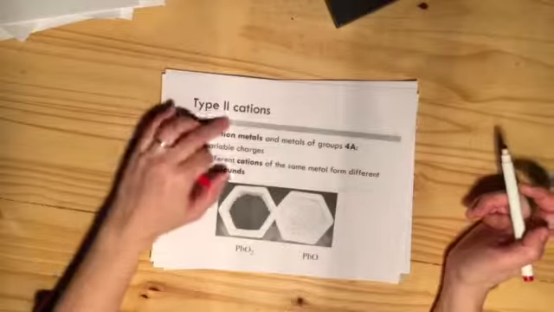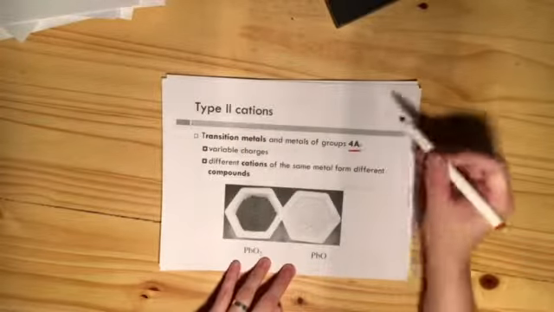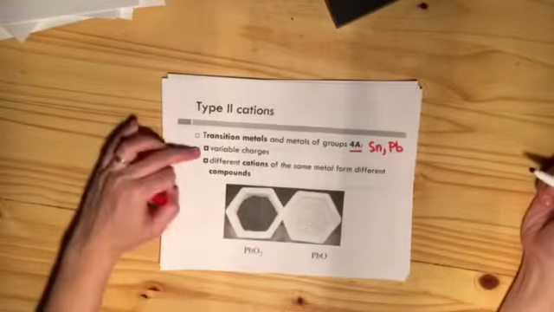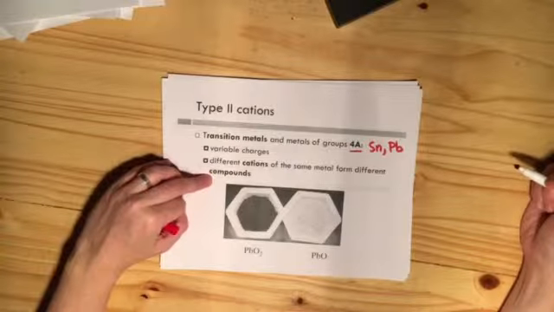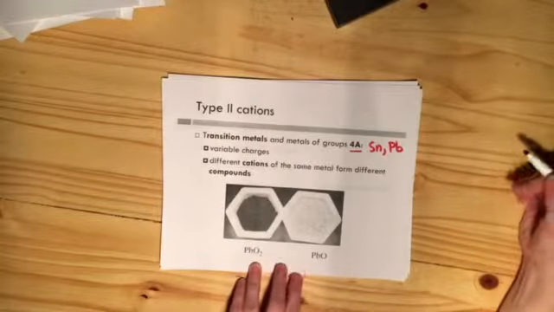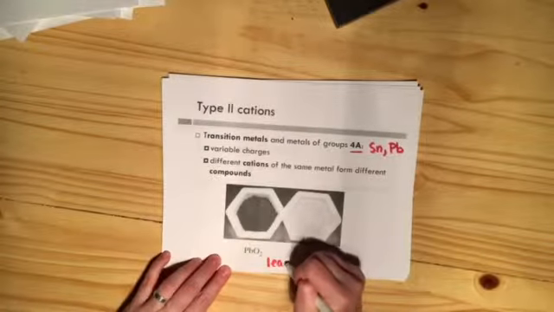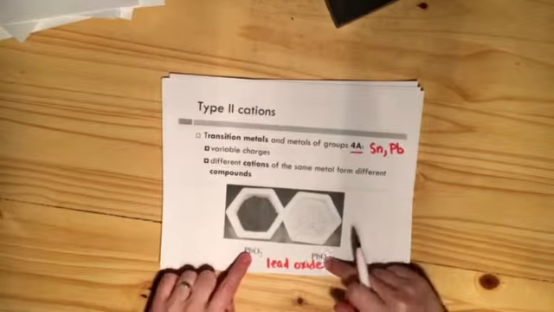So type 2 cations are transition metals and metals of group 4A, which is tin and lead. They have variable charges. Different cations of the same metal form different compounds. Because of that, we can't just say lead oxide for this, and the reason is because they're both lead oxide.